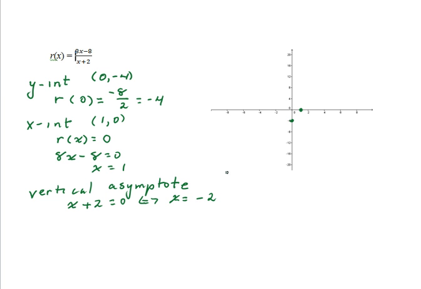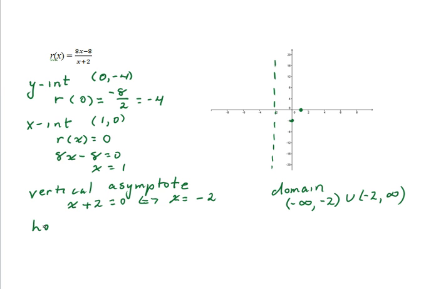So x equals negative 2 is our vertical asymptote. It also defines the domain, because the domain will be all values except x equals negative 2. So negative infinity to negative 2 union negative 2 to infinity.